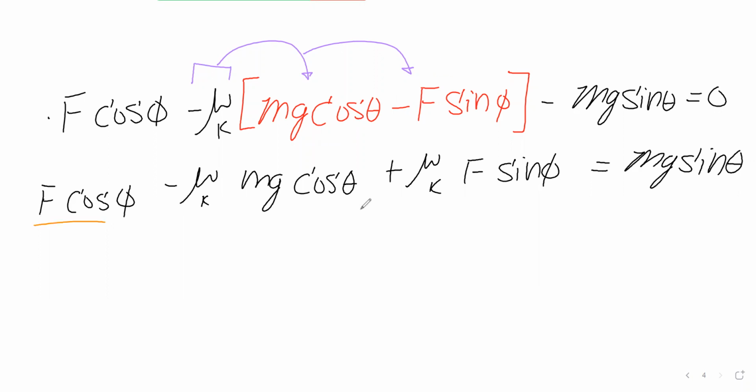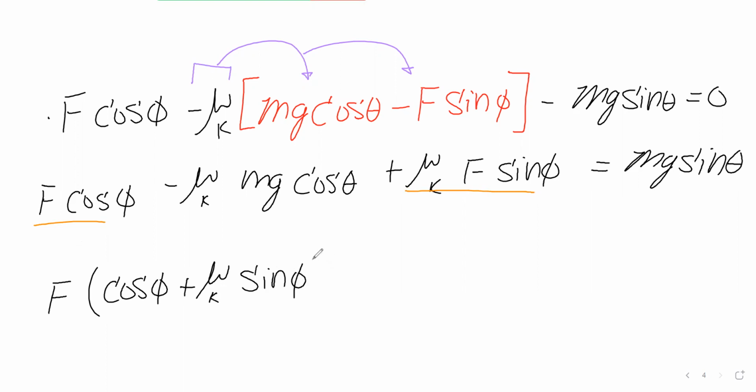Now f appears in both terms. We can factor it out, so that way we have one f floating around to isolate. If I factor out f, I'm left with the cosine phi plus mu k sine phi.